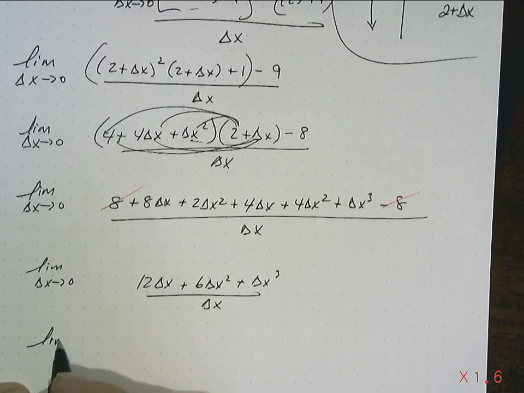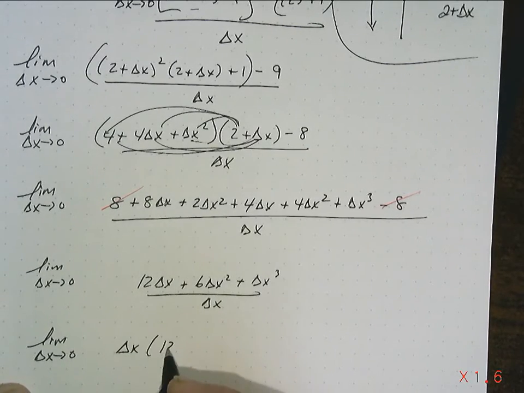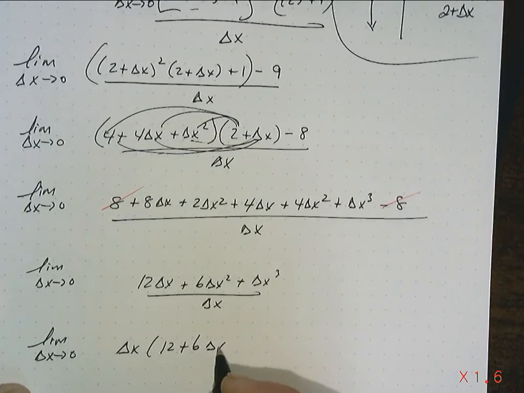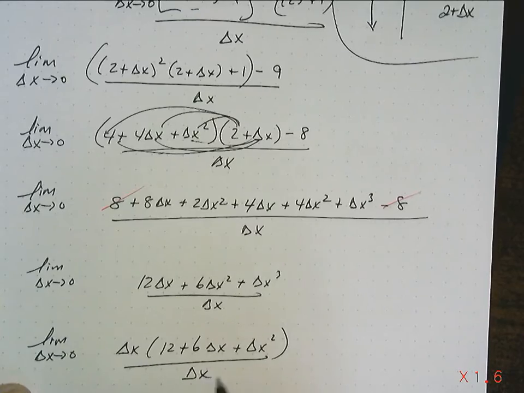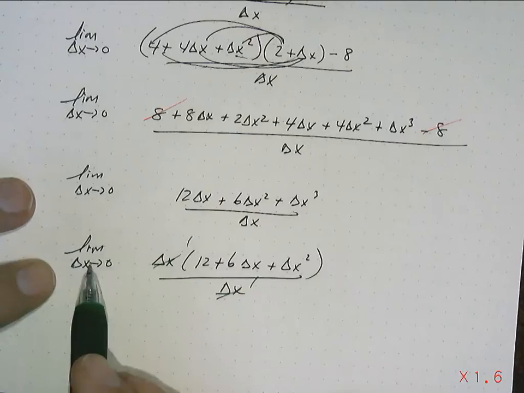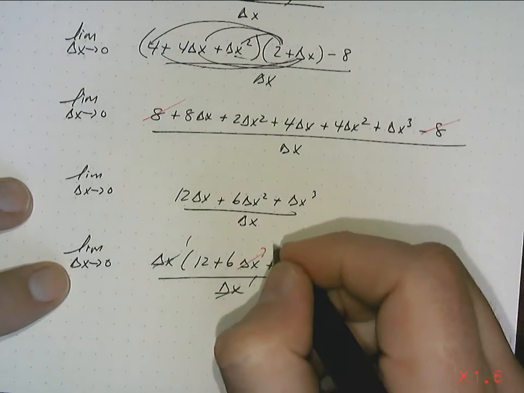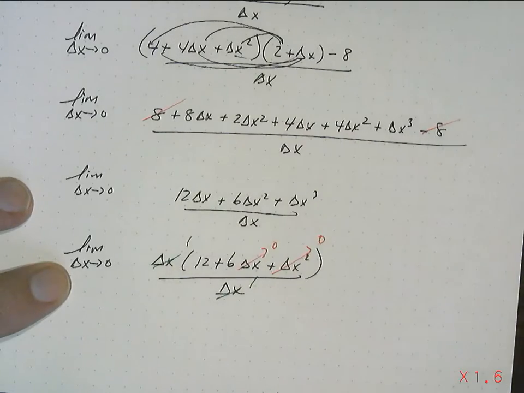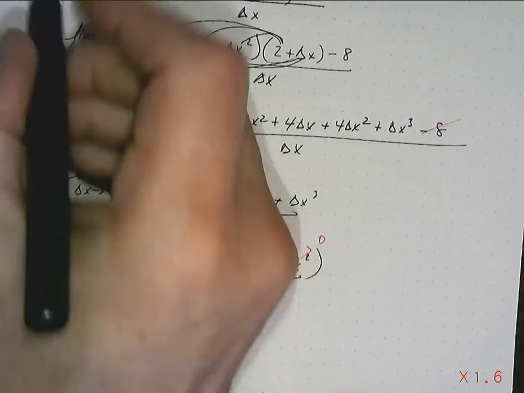So this is going to be the limit as delta x approaches 0 of delta x times 12 plus 6 delta x plus delta x squared, over top of delta x. The delta x will reduce. We're going to turn the limit on. Ring ding ding. This goes to 0. This goes to 0. It leaves me with slope of the tangent equals 12.